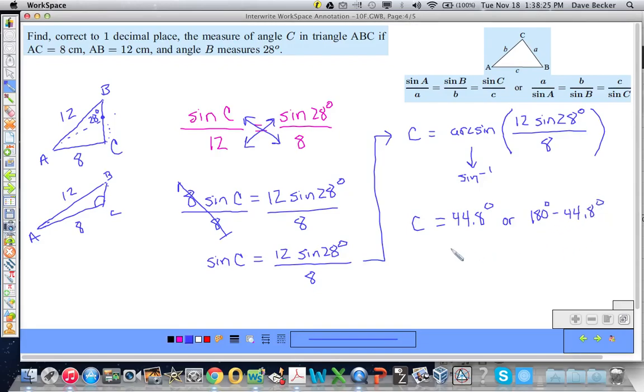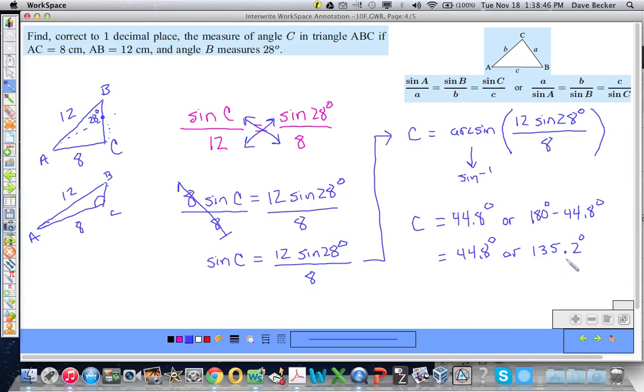Okay, which is equal to, I'm going to repeat the 44.8 degrees, or, and 180 minus 44.8 is equal to 135.2 degrees. So there are two possible solutions, okay?